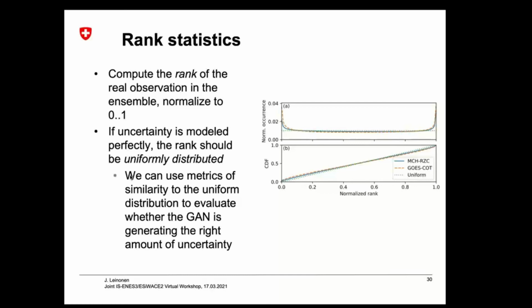If we model the uncertainty perfectly with the GAN, then this rank of the real observation should be uniformly distributed. And so we can use the similarity of the rank distribution to the uniform distribution to evaluate whether our GAN is doing a good job at generating the right amount of uncertainty. So we can evaluate the distribution properties of the GAN in this way.